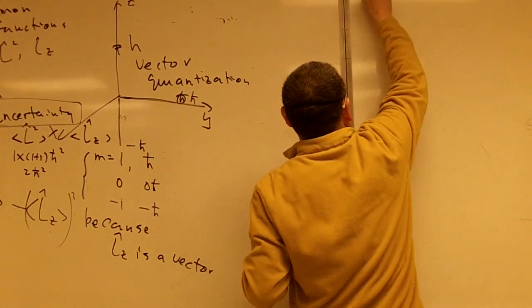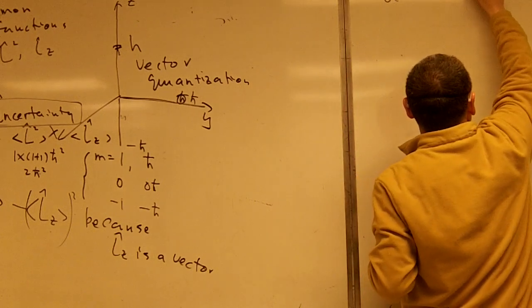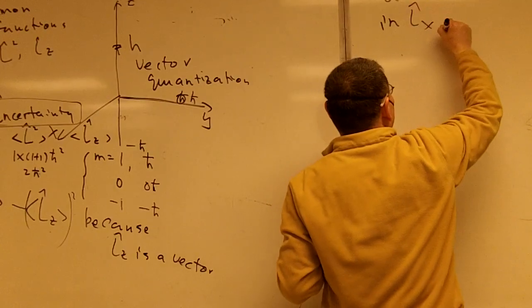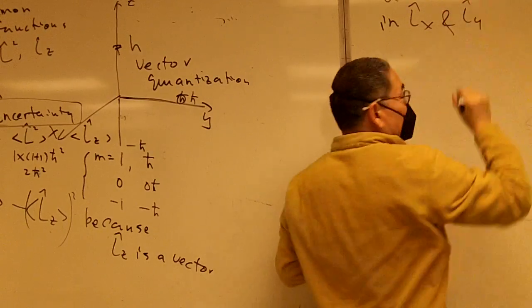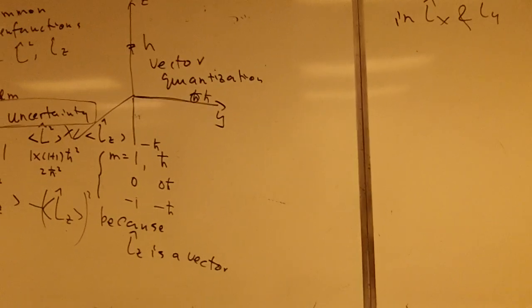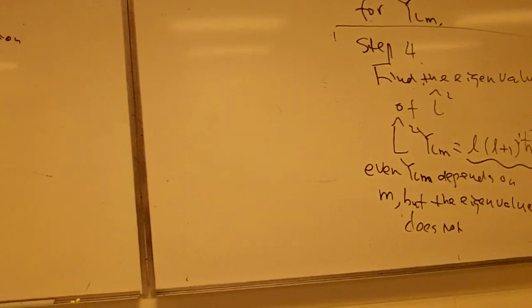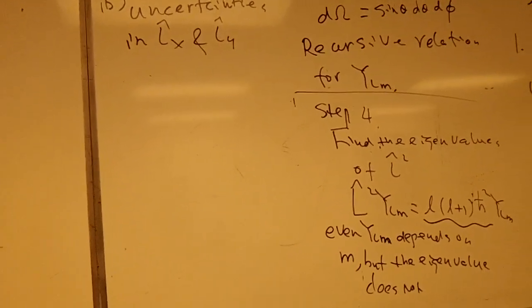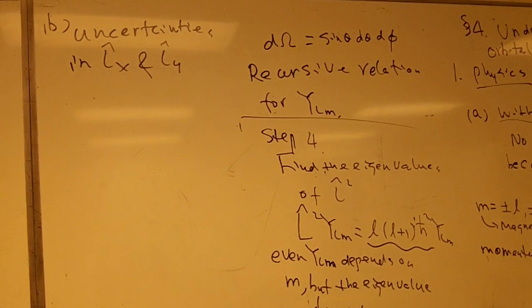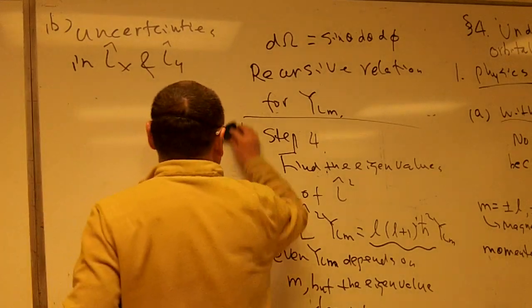So this is part B: uncertainties in Lx hat and Ly hat. So this is the true uncertainty. In other words, the one that I just showed you a minute ago won't survive anymore. So essentially, there will be uncertainty in Lx and Ly.